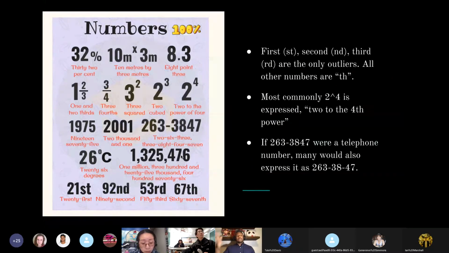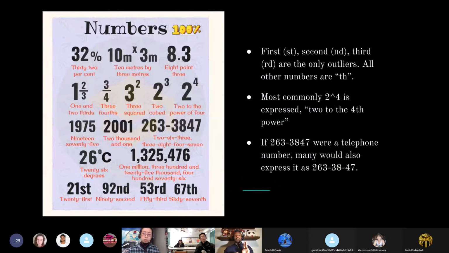So 21st, 92nd, 53rd, and then 67th. So on the right side here, I just want to go over a few clues and a few helpful hints. So in English, only first, second, and third are different.